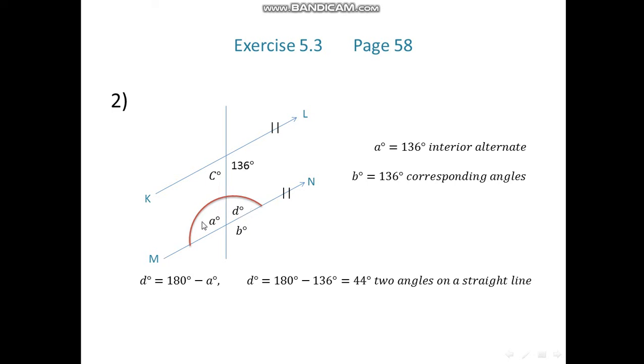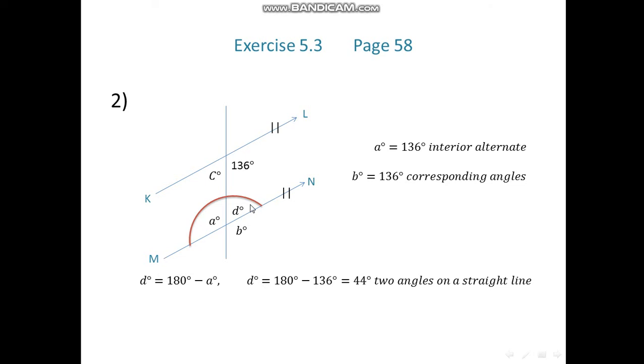Now, how do I find D? D and A are two angles on a straight line MN. So they have to add up to 180. So 180 minus the one I know, 136, will give me 44. So D naught is 44 degrees.